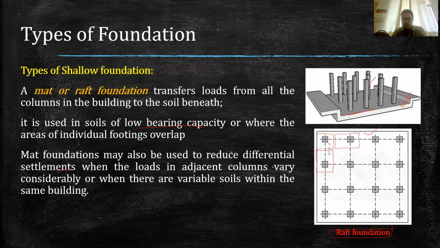So that kind of settlement is called differential settlement. So to avoid this differential settlement, sometimes we use mat foundation, because mat foundation will show uniform settlement. So the differential settlement problem can be adjusted by using the mat foundation.